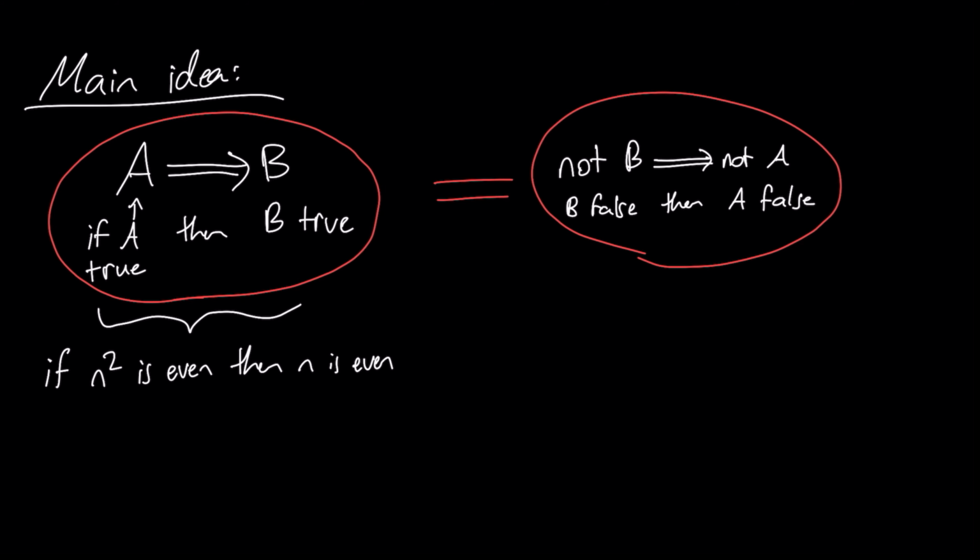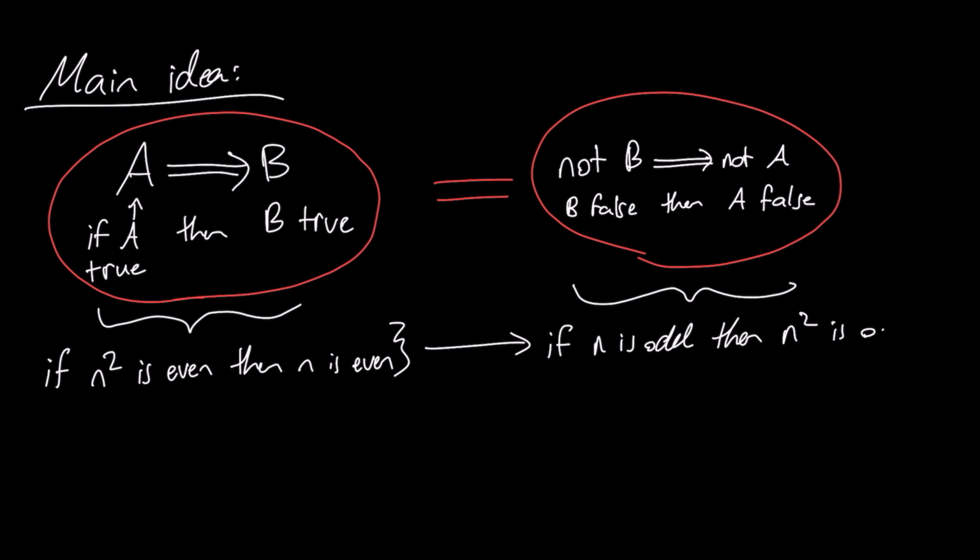Proof by contrapositive is telling us, look, you tried proving that and it wasn't great, but you know what? That's the same thing as saying if n is odd, then n squared is odd.